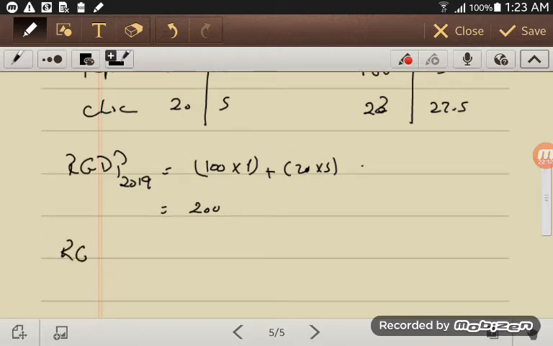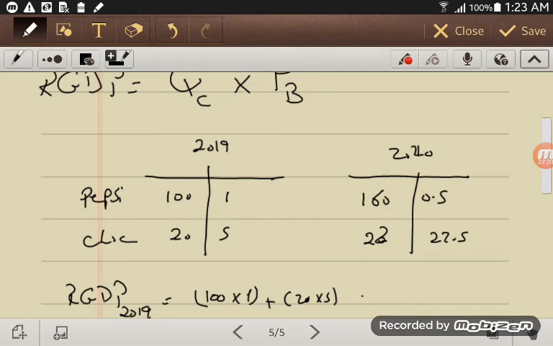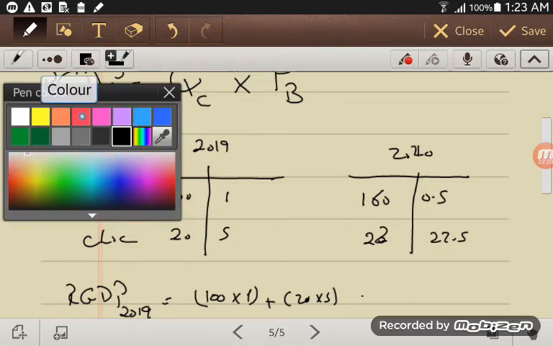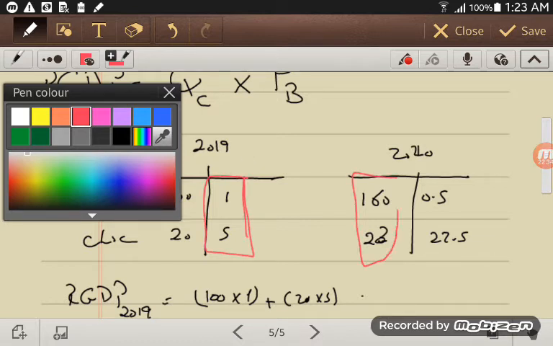Real GDP for year 2020, we are going to keep prices constant, prices of the base year constant. So we are going to use these prices and these quantities.